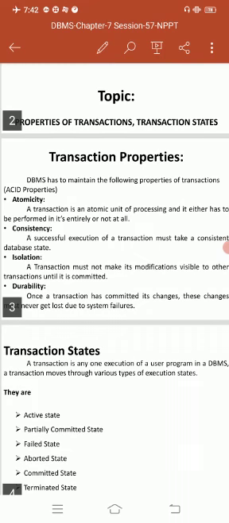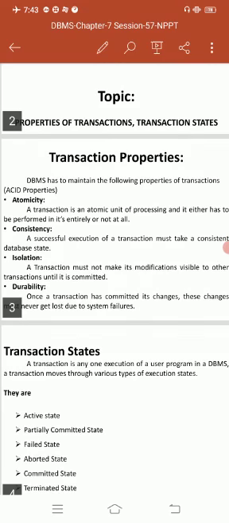Third one is called isolation. What is meant by isolation? A transaction must not make its modifications visible to other transactions until it is committed.